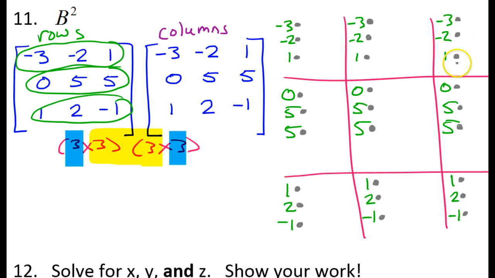So I went ahead and just put in all my multiplication dots. So time for the columns. Column 1 will go down column 1, so negative 3, 0, 1.